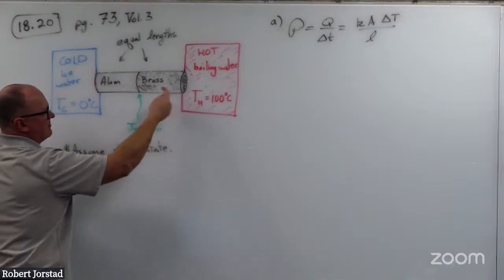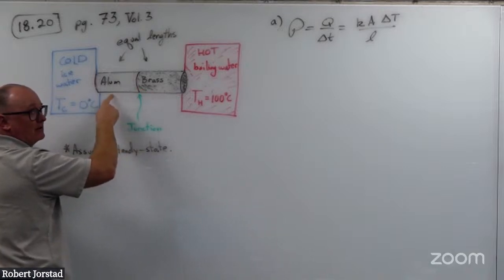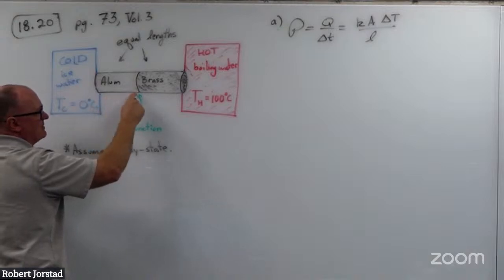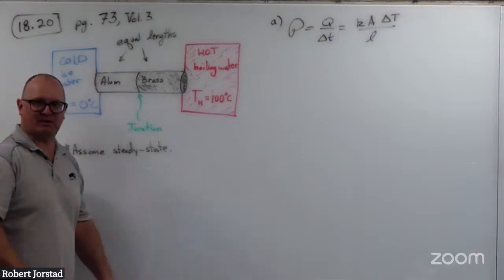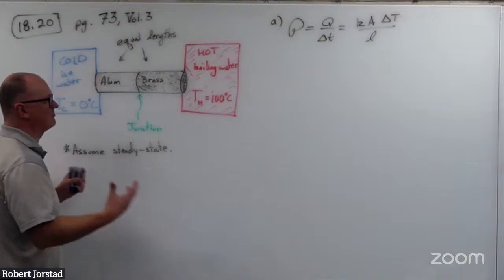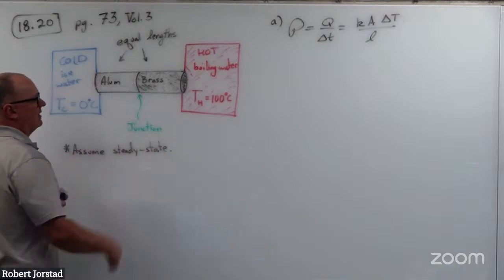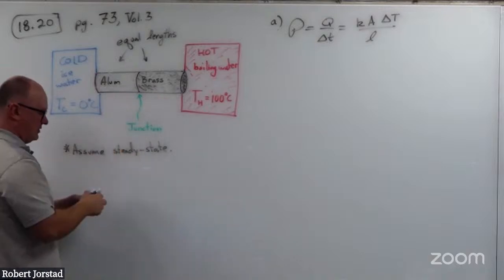So let's say the brass is transferring, say, 500 joules every second, and this was only transferring 400 joules every second. Well, that would mean there's a buildup of 100 joules every second at the junction, and there would be an explosion. Or something would start melting, or some problem would happen. If we really are in steady state, the power transferred by 1 has to equal the power transferred by 2.